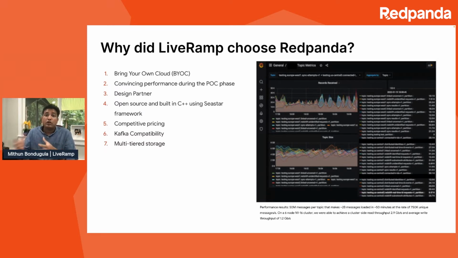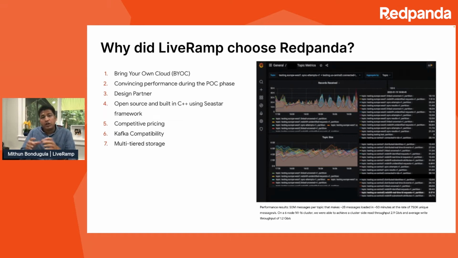We also did very thorough performance testing on a 6-node I3en cluster. We were able to achieve 2.9 Gbps reads and 1.2 Gbps writes. That met all our requirements, and we were ecstatic about that performance.